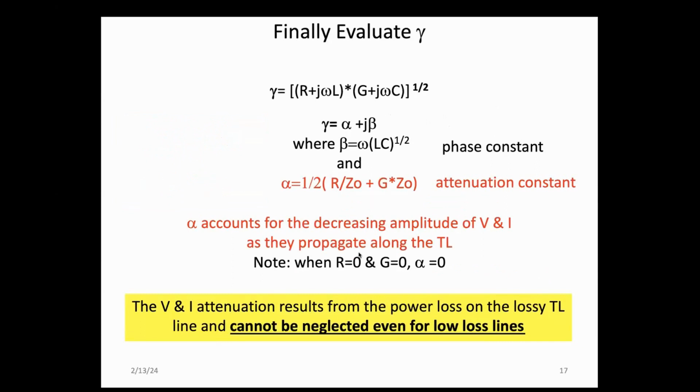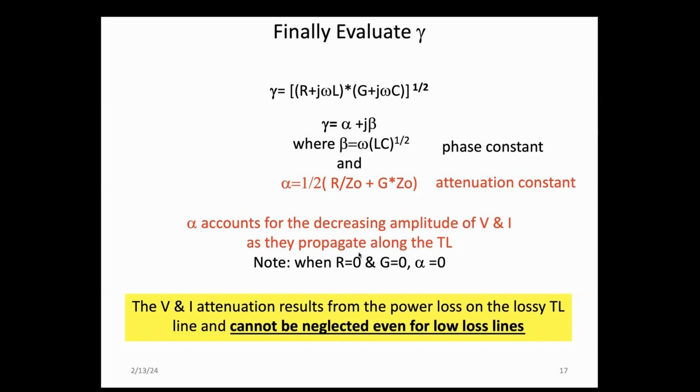Next slide, please. We do a similar thing to evaluate the propagation constant. It turns out that it breaks out into a real and I'm going to say an imaginary term. It's not imaginary at all, it just means a phase shift. But this is a familiar phase constant that we see quite often. If we think about a transmission line and we ask, is the physical length and the electrical length the same?